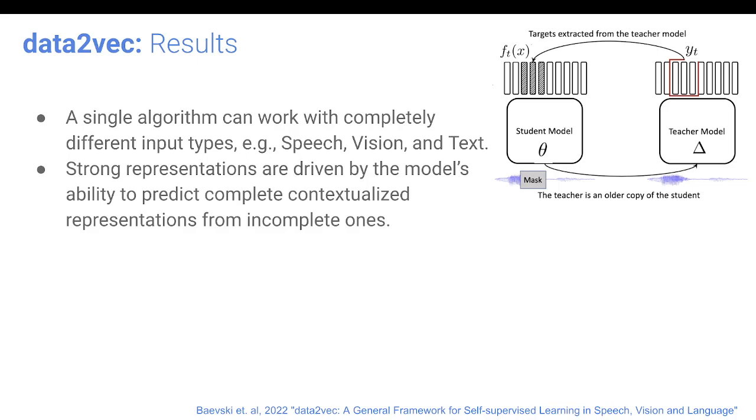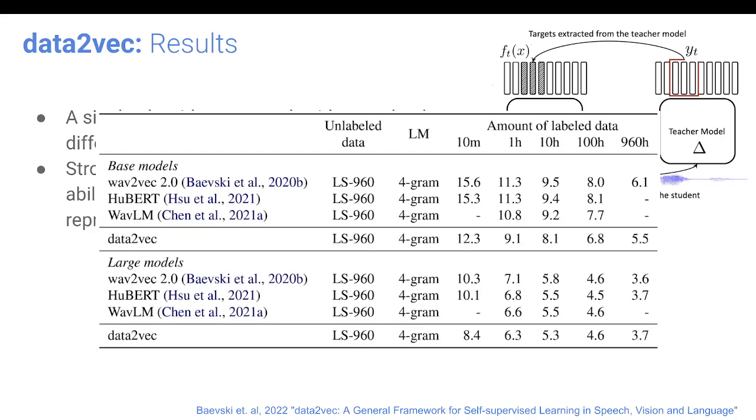This idea of predicting the full contextual representation from an incomplete one is the reason this approach is producing high quality representations, with the current best results compared to HuBERT, Wav2Vec 2.0 and WavLM, as we see in this table, even when we use a 4-gram LM.